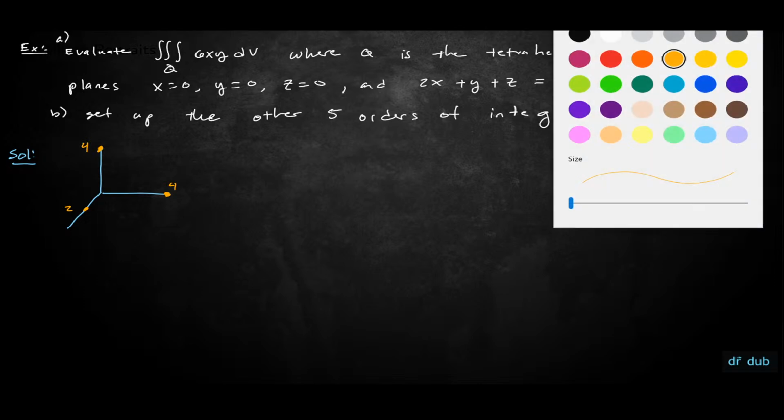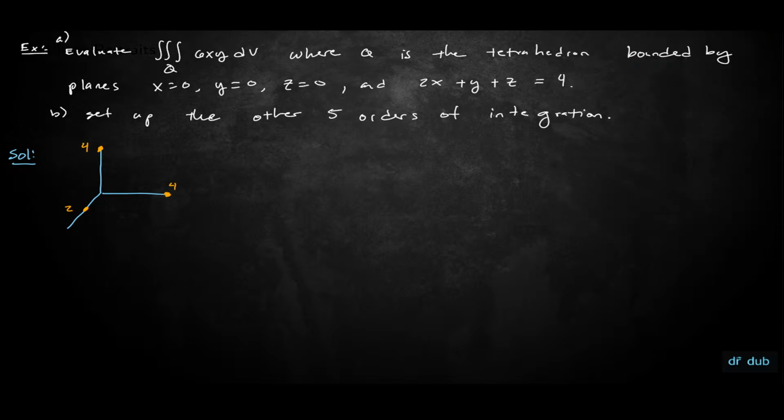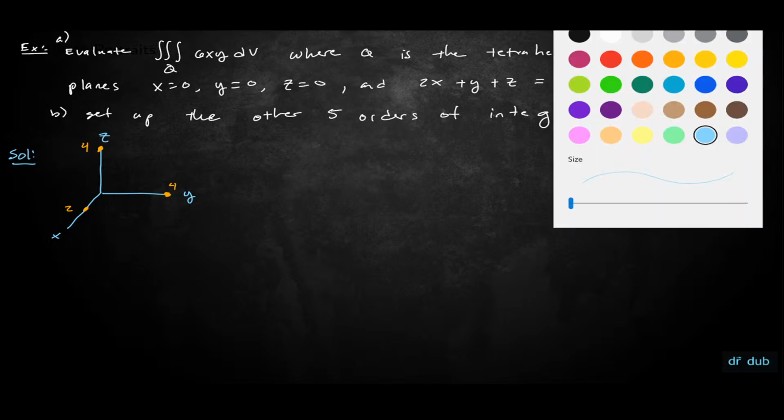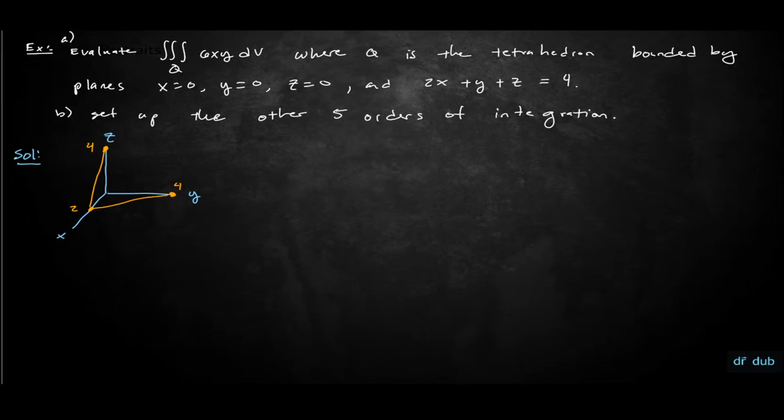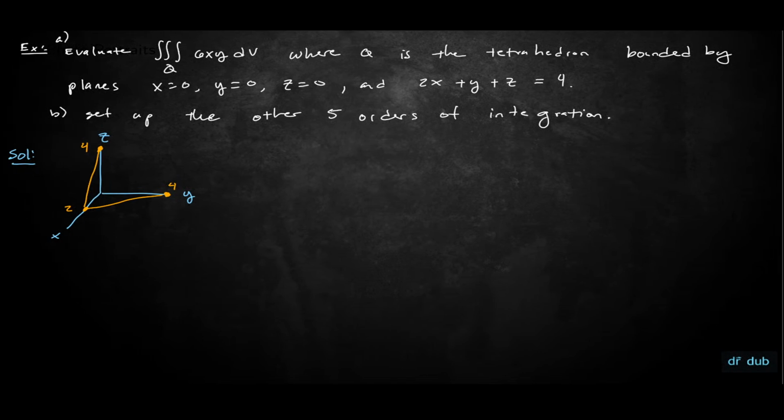So that tells me what this plane at the very end looks like. And because I'm bounded by the coordinate planes, I'm actually just up here in the first octant. So this is what this plane looks like. So that's our tetrahedron right there. And I'll just draw the bounding lines.